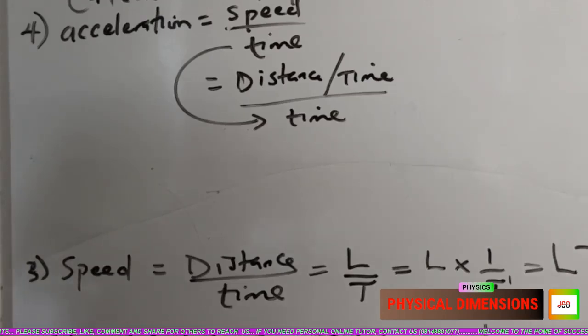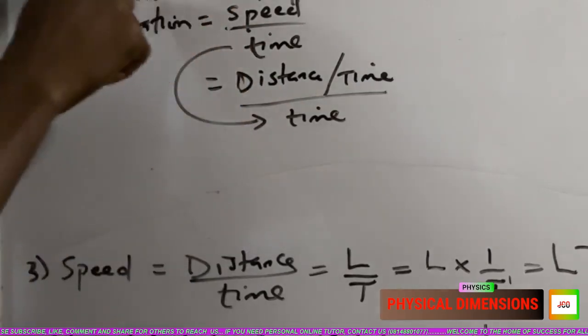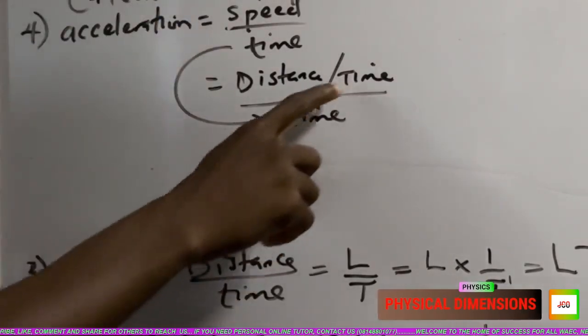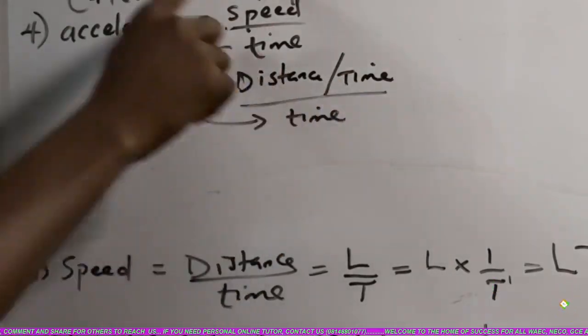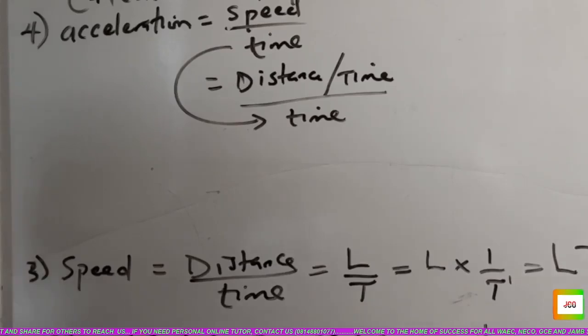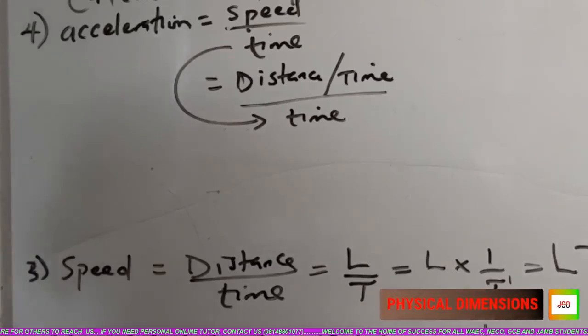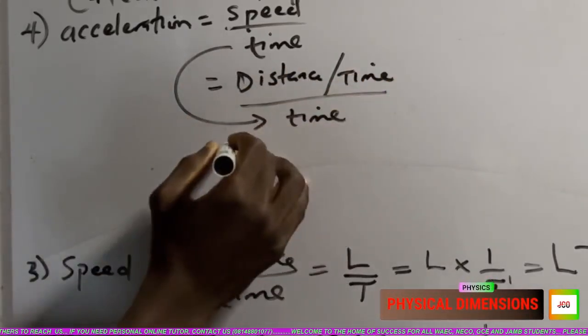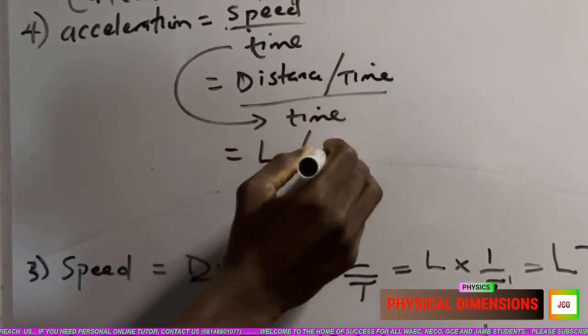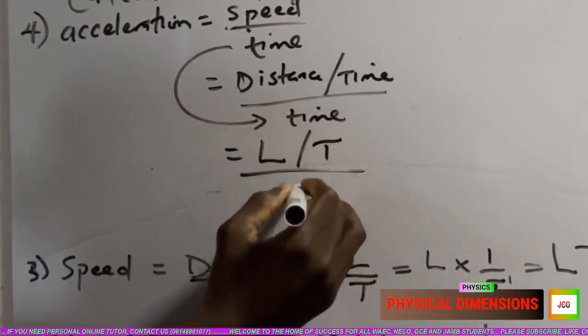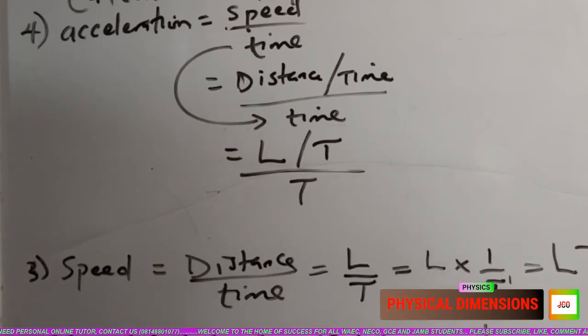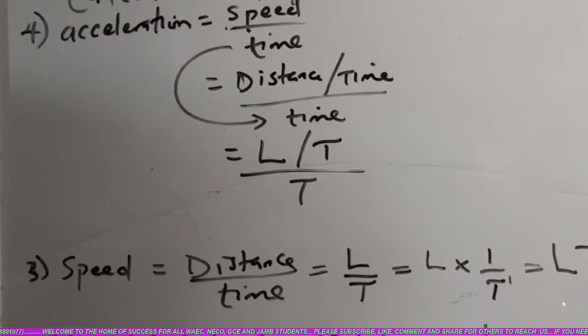Now, distance is length as a dimensional quantity. Time is there. So change distance to be what? L, over time is T, and everything over T. So if you see now, this is actually L divided by time, then T divided by time.